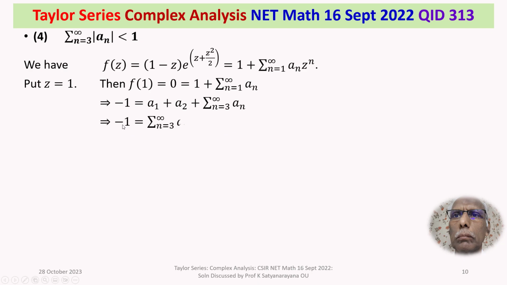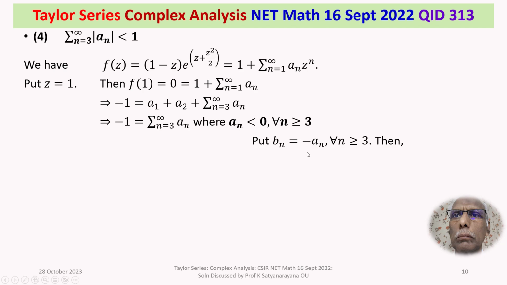Therefore, this will imply minus 1 is equal to sigma n is equal to 3 to infinity an, where an is negative for all n greater than or equal to 3. We have seen this one. So therefore, put bn is equal to minus an for all n greater than or equal to 3. Observe that an is negative.